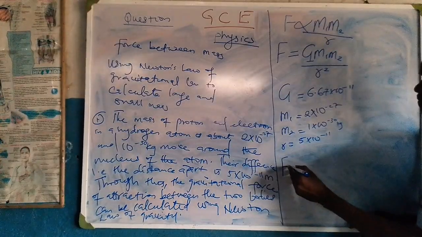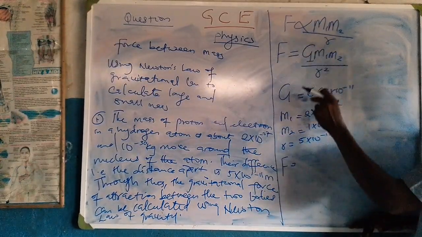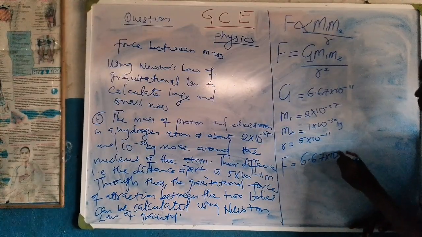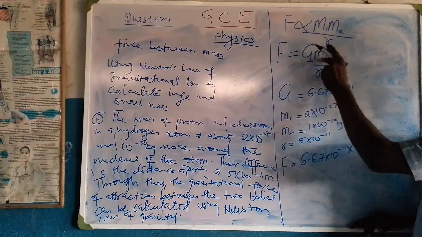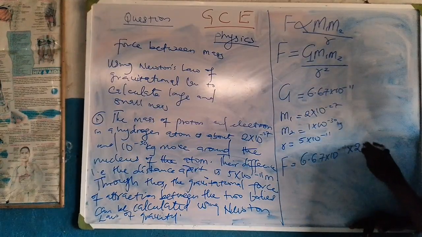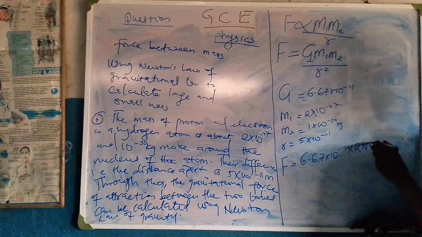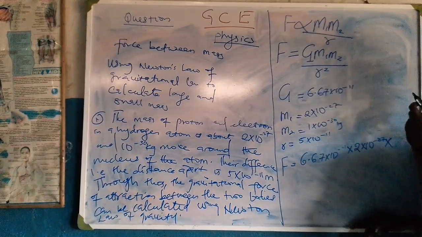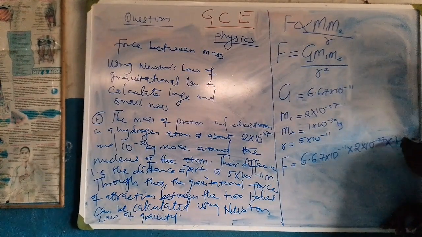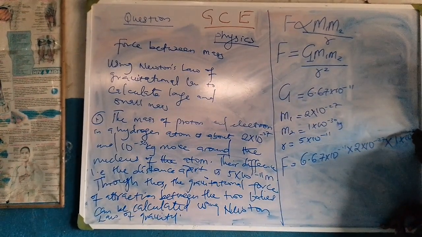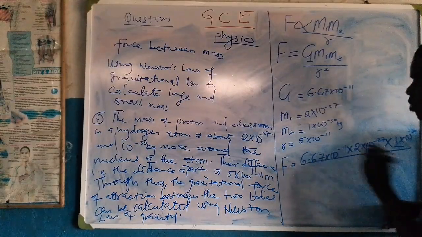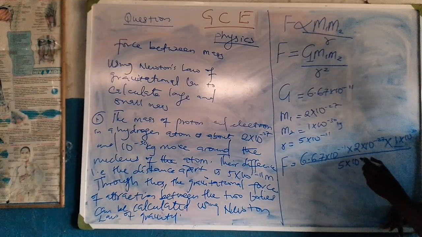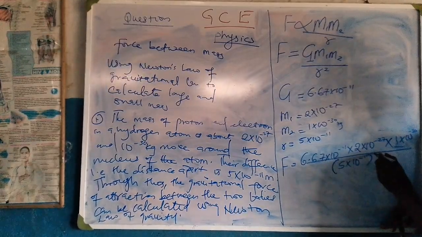F is equal to G, which is 6.67 times 10 raised to the power minus 11, times M1, which is 2 times 10 raised to the power minus 27, times M2, which is 1 times 10 raised to the power minus 30, all over the radius, which is 5 times 10 raised to the power minus 11, squared.